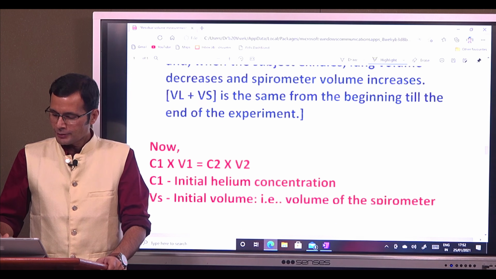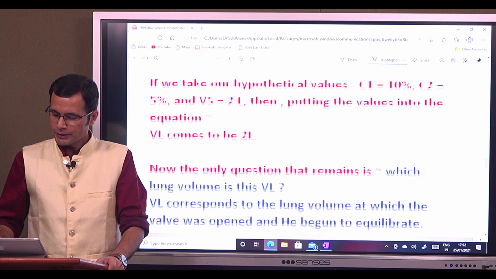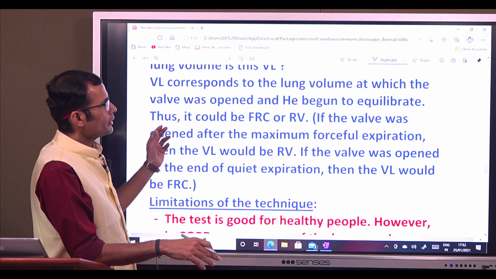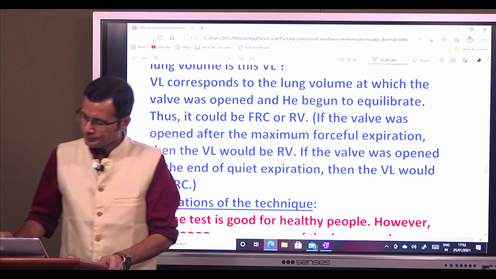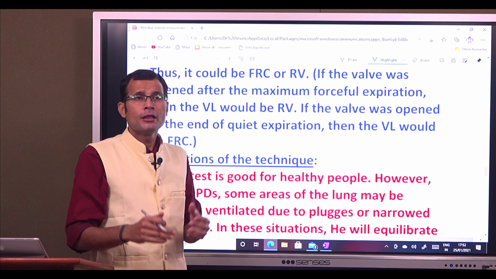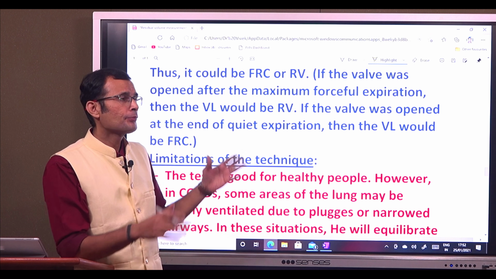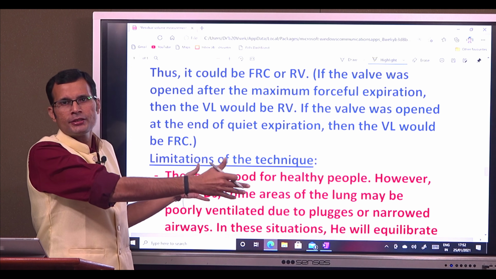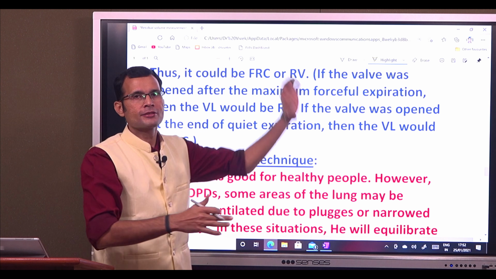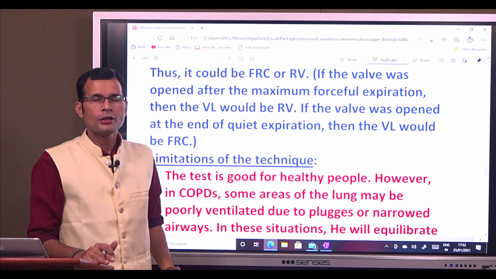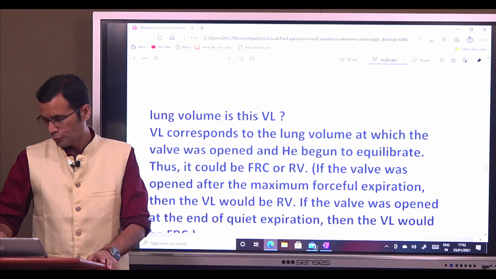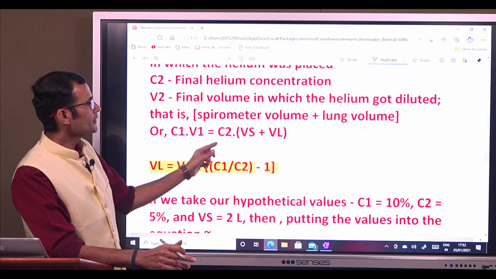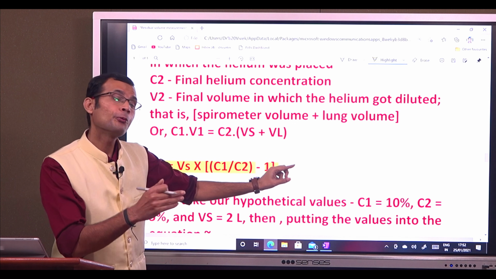Right. So, that's about the helium dilution method. It all depends at what volume you open the valve. And the point that should be noted is helium is going to be diluted in that entire system of spirometer plus the lung volume. And then of course we also saw that we solve the equation C1V1 is equal to C2 into V2.